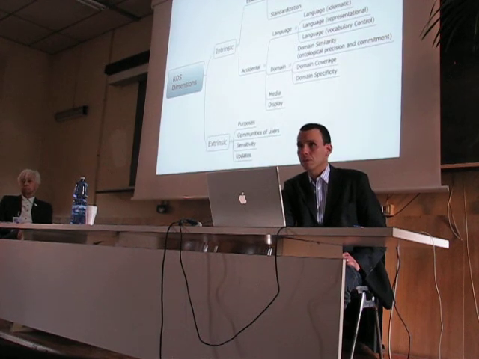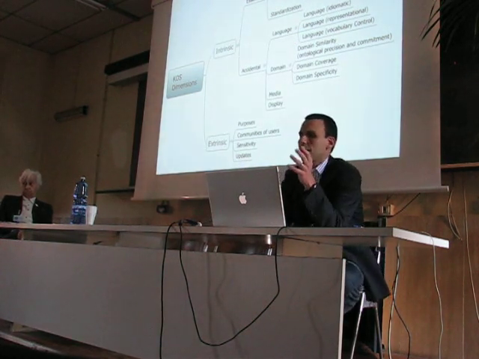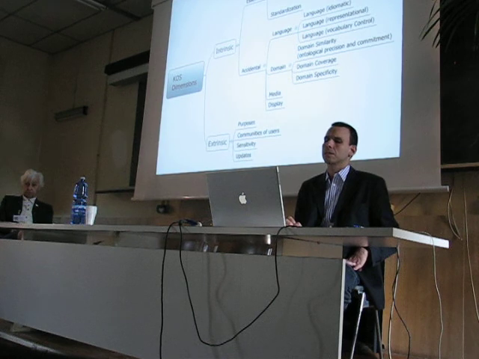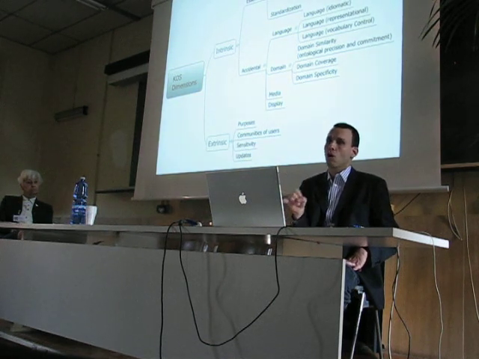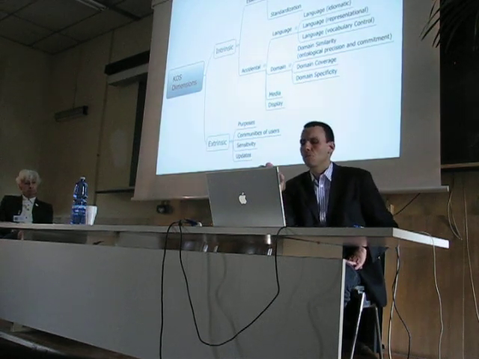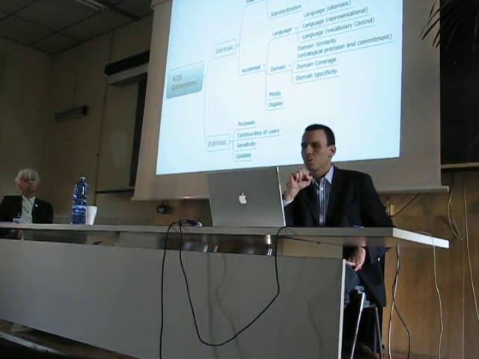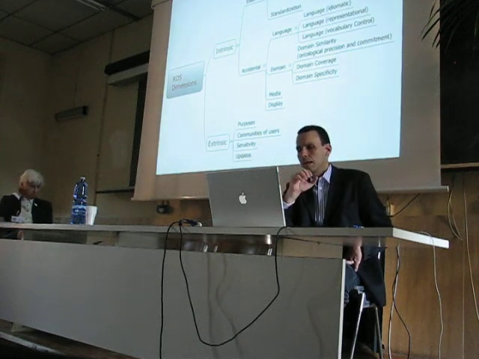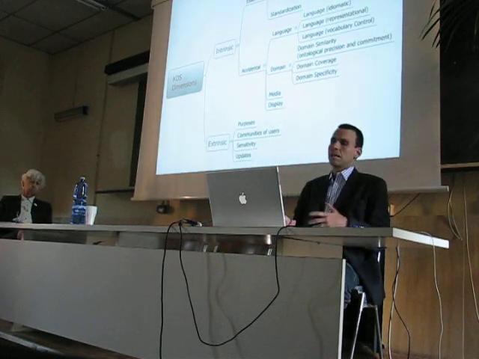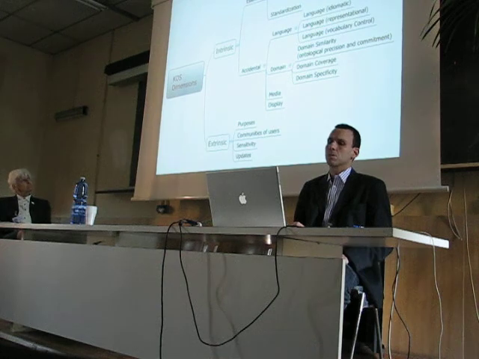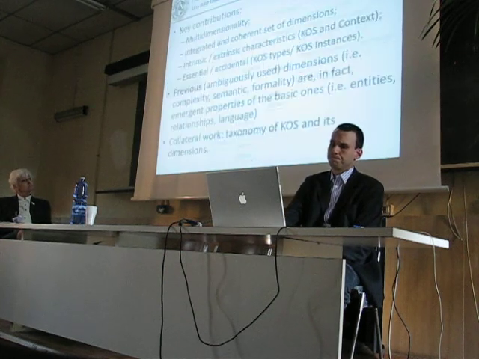The domain, ontological precision, is a domain-related characteristic. The domain coverage and the domain specificity, like we have foundational ontologies, we have domain ontologies, and so on. We have bigger thesauri, and so on. The media and the display are very important characteristics too.